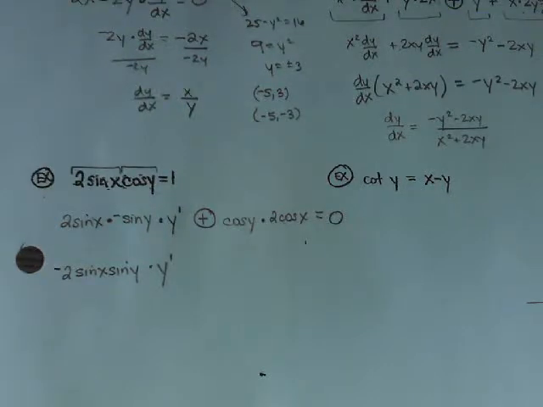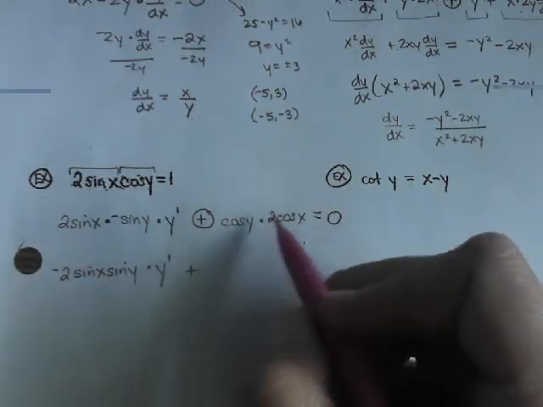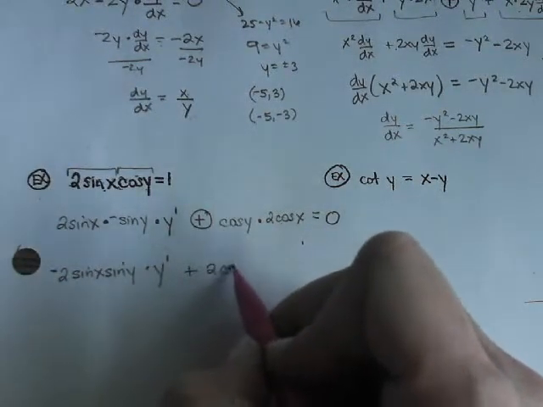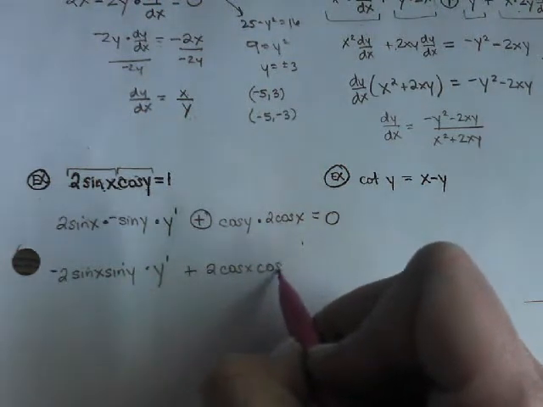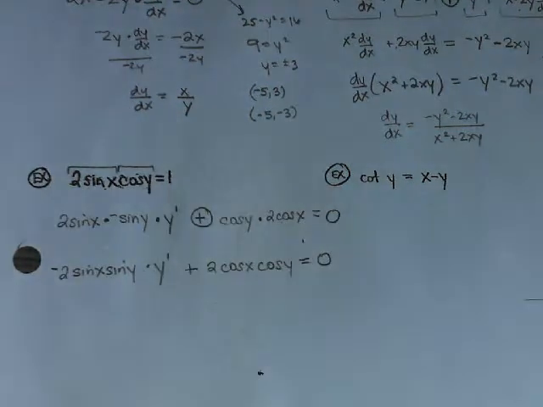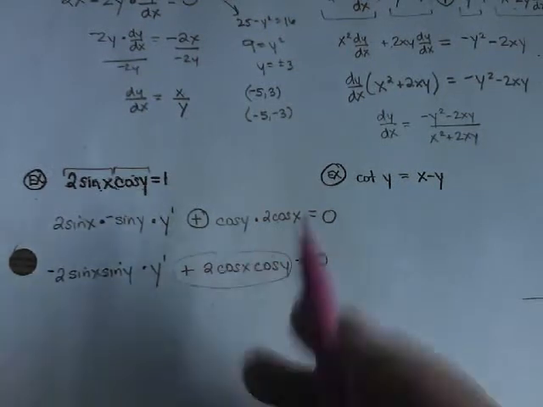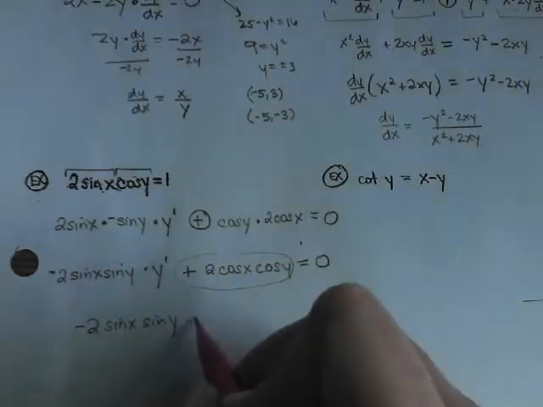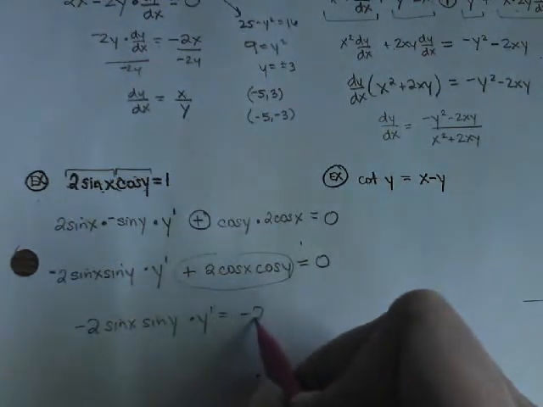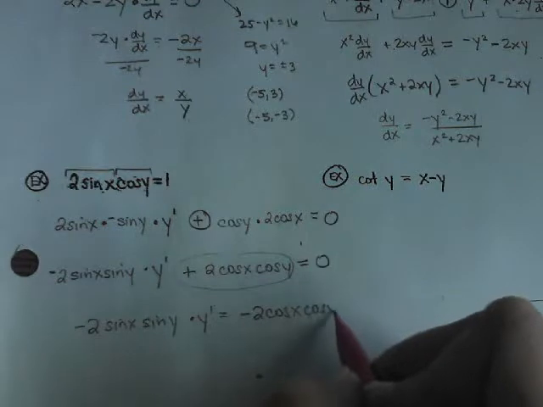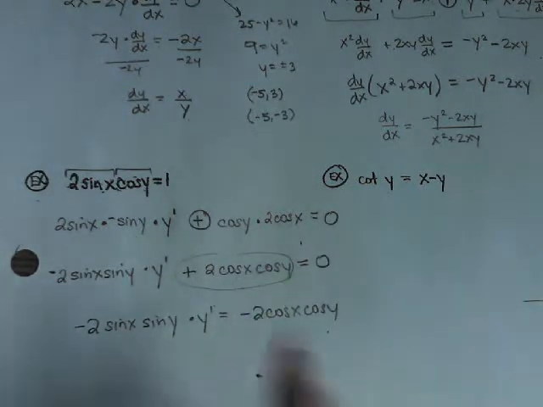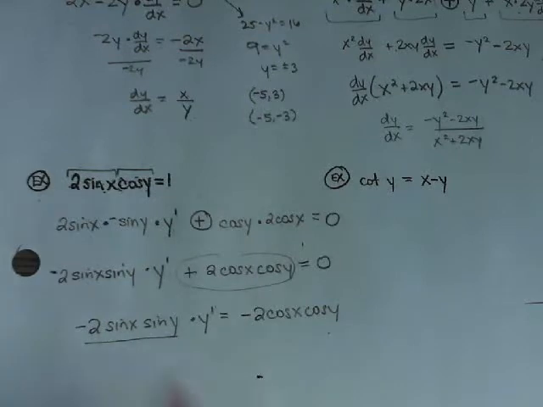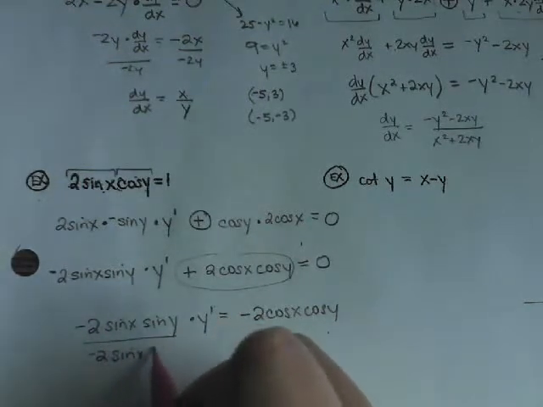And my goal here is to get y prime all by itself. So I'm going to subtract this guy over, and then I'm going to divide both sides by this. My negative 2's are going to cancel nicely.